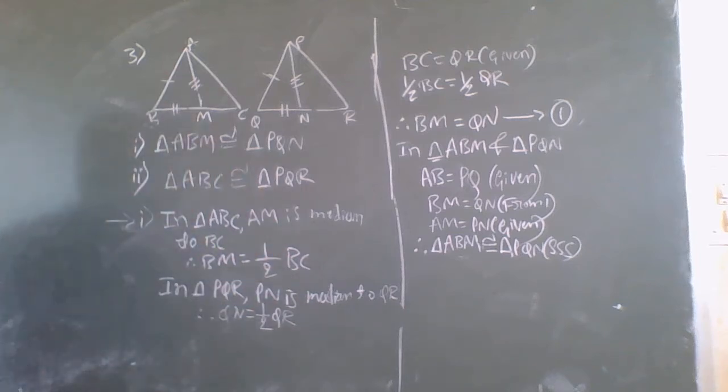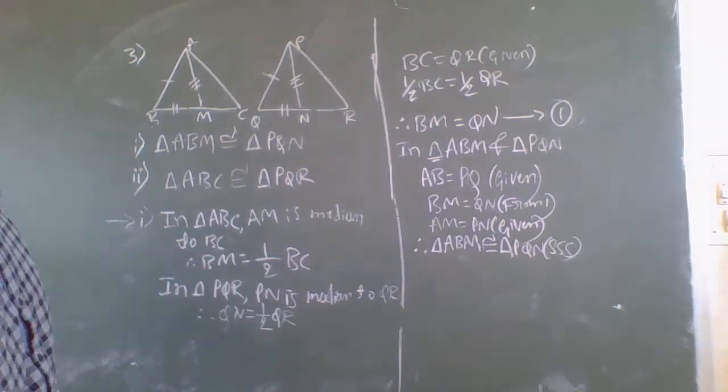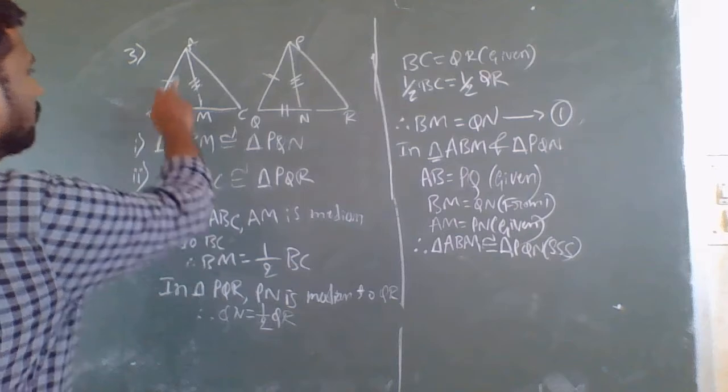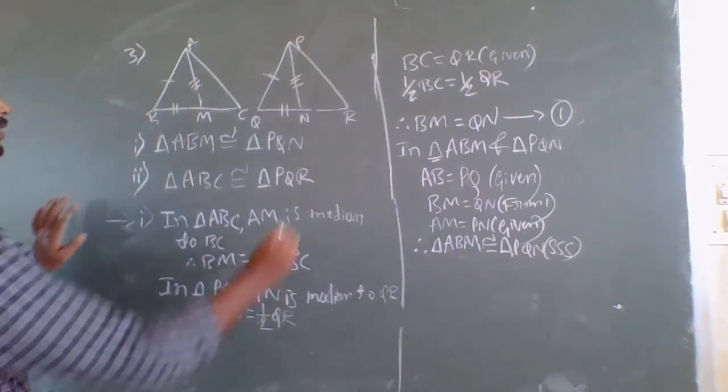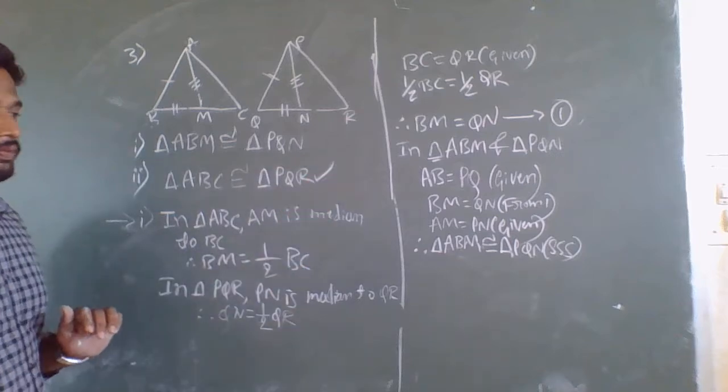These two triangles are congruent. So here ABM is congruent to PQN. So the first one is true.